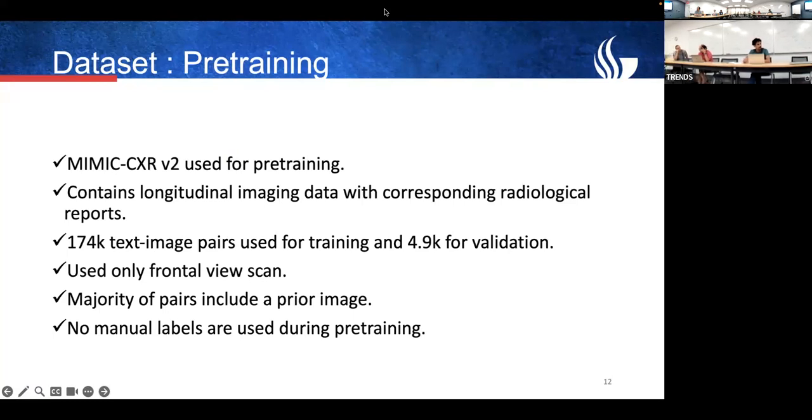One thing is that they have just used frontal view scans. They have discarded other scans from the data set. And the majority of pairs include a prior image, so they can capture temporal information from there. And no manual labels are used during pre-training if we talk about this proposed method.